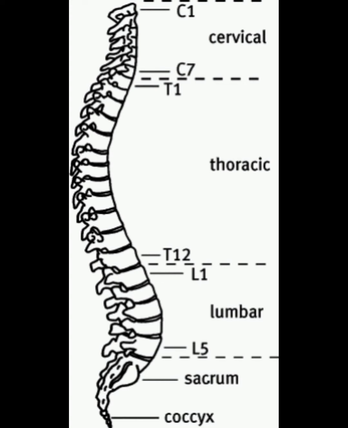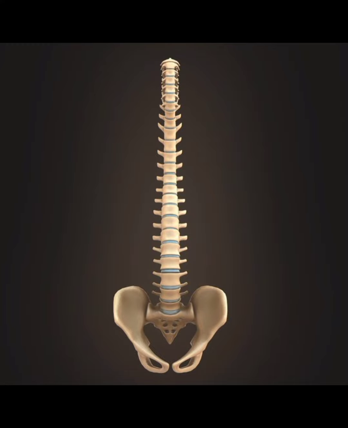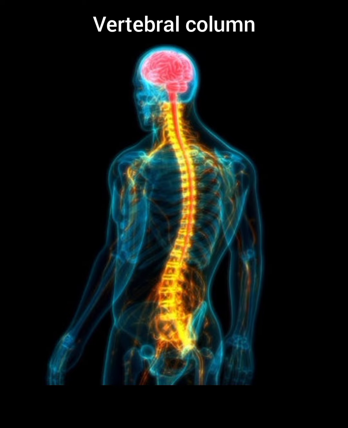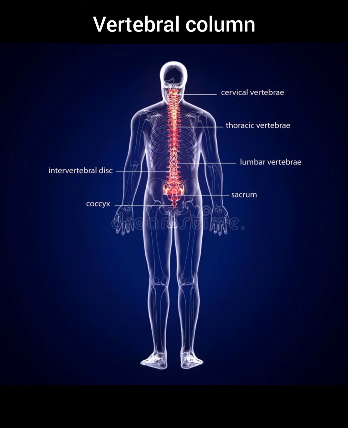Now the structure of the vertebral column. The vertebral column is also known as the backbone of our body because it is a strong, flexible column formed by vertebrae piled one upon another.